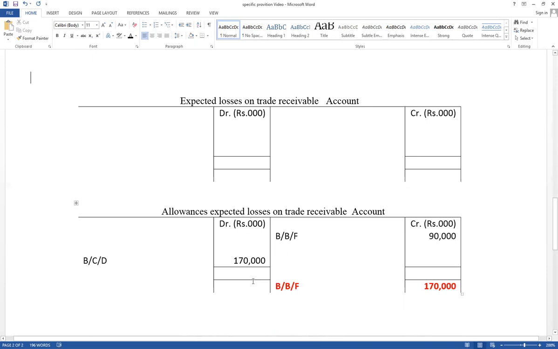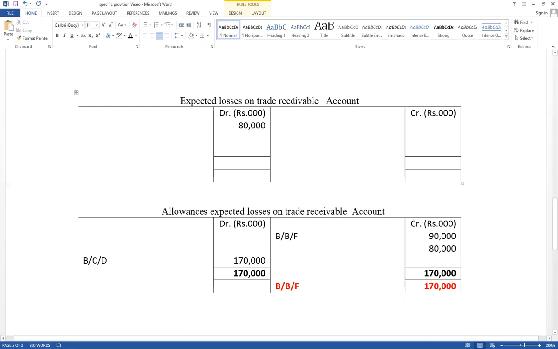Then debit side increase. The difference value should be transferred to the expected losses account. Therefore, debit side increase 170,000. Take that value credit side, and the difference value 80,000. That is the value that should be considered as expense.